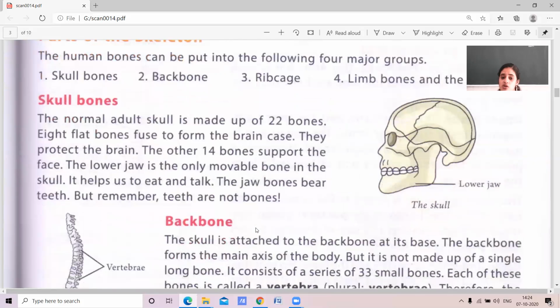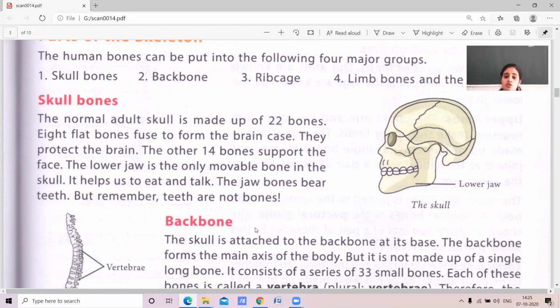The lower jaw, which is present in the skull, is movable. Only the lower jaw can be moved. Because of that, we are able to eat and talk. The jawbone bears teeth, which are helpful for eating food.